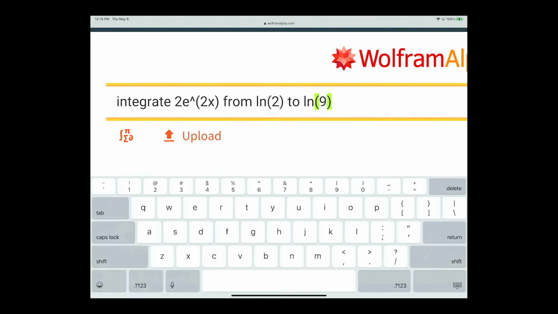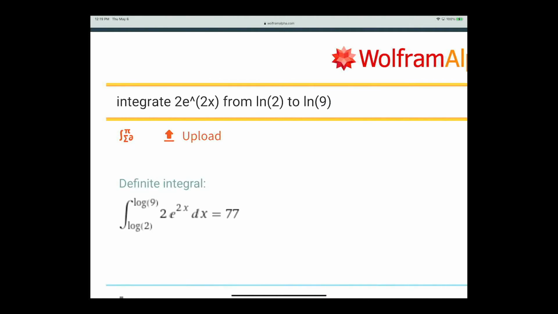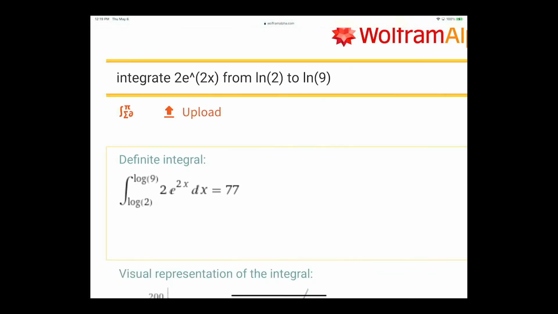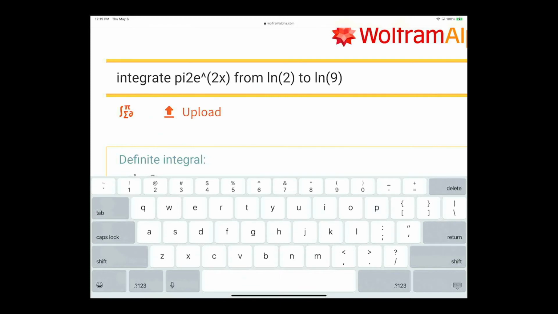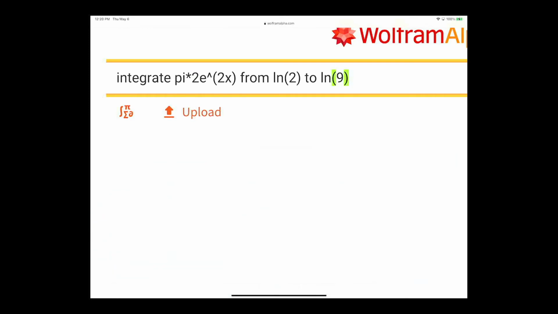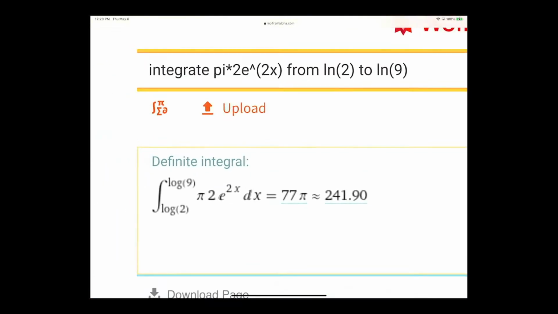There's a lot of ways to type in integrals into Wolfram Alpha that it will understand, but this is one way. There you go, 77. I forgot the pi, right? If you put the pi in front, like so, then of course you get 77 pi, and the 77 pi is what you would have to type into the computer there.